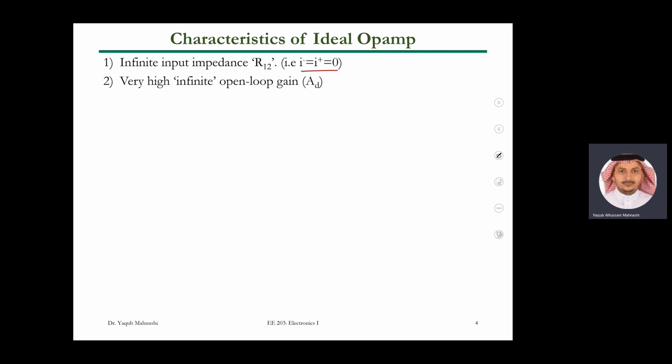Okay, 100,000. Does it mean that if you apply 1 volt, you will get 100,000 volts? No. If you take the op-amp, let me make this one V positive and the other one V negative. You connect this one to 0, and you connect this one to maybe 1 volt.